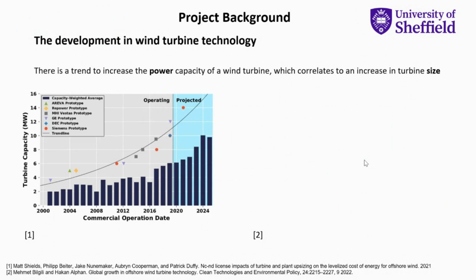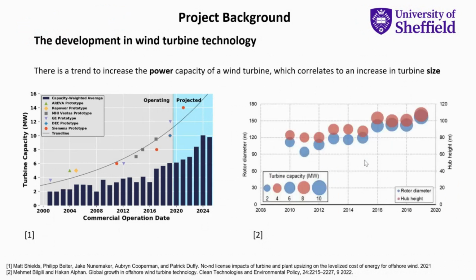And with an increase of power capacity, we get an increase in wind turbine size. So you can see from the right-hand figure there, we get an increase in rotor diameter and hub height as we increase in the power. And that leads to perhaps changing technology a bit.